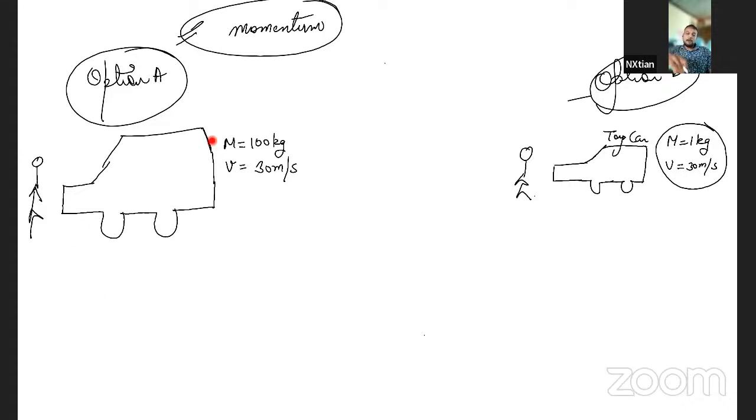Why? Because here the mass is more, and because the mass is more, the new term, momentum, which you didn't understand, is more. So momentum is termed as mass into velocity.